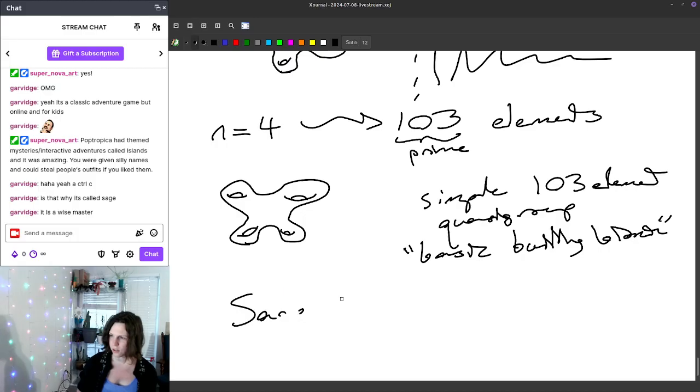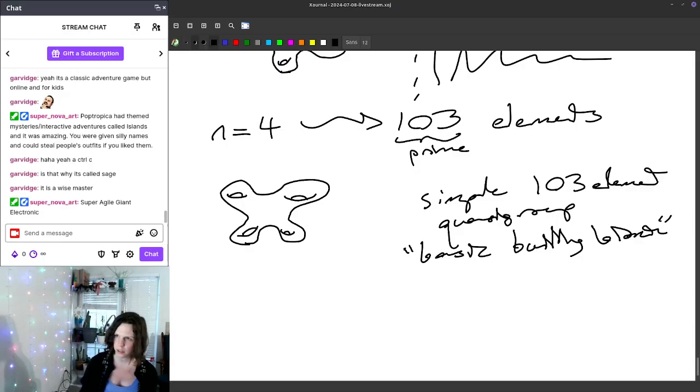Let's come up with backronyms for Sage. Sage has been a really good thing for me. It definitely still doesn't do everything I'd like for it to, but that's why it's open source and people can keep adding to it.